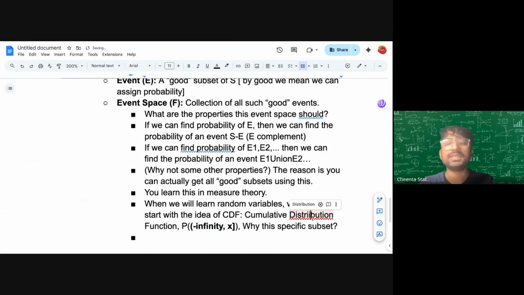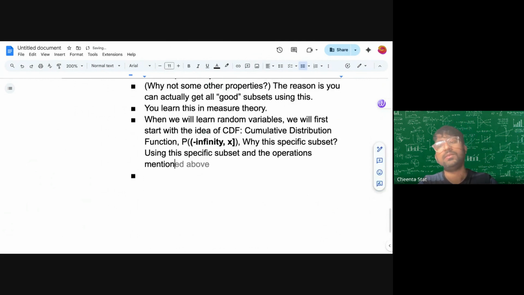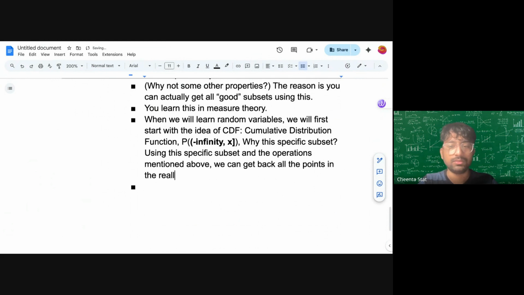The answer is that using this specific subset and the operations that we have mentioned here, we can actually get back all the points in the real number space.